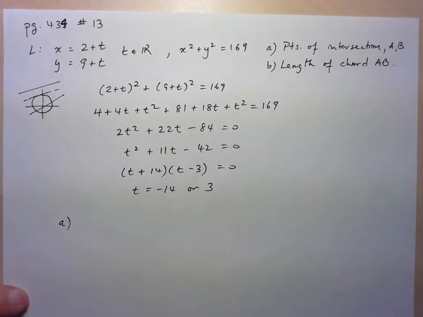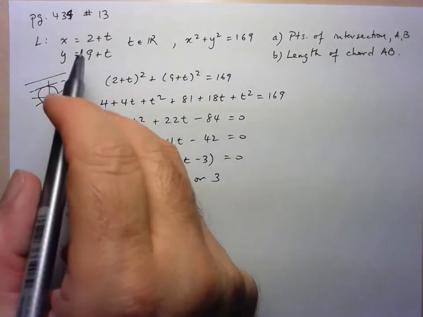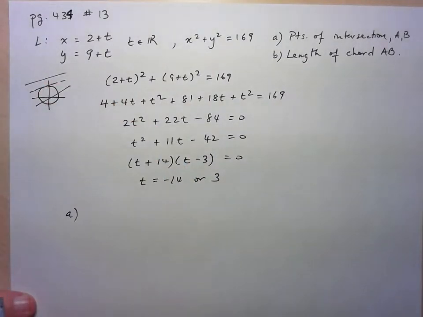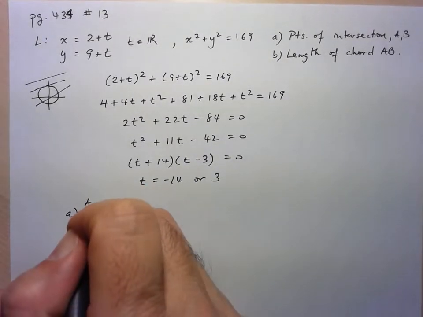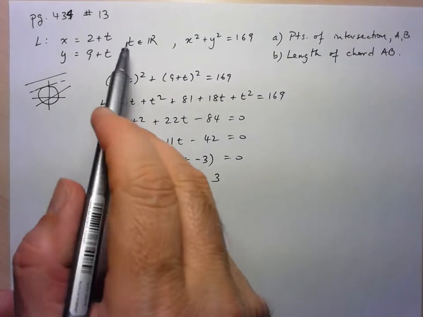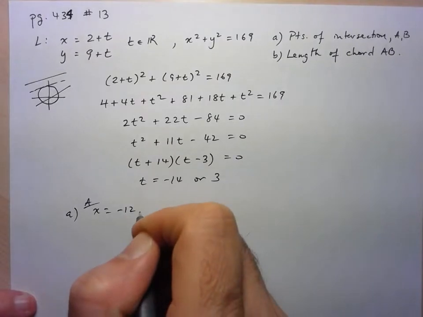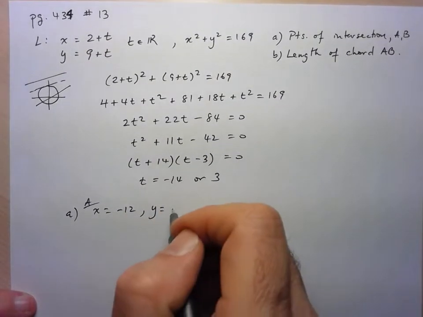Okay, so let's start by calculating those points. Since we have t values, let's input them into the line equation. We know we can input into either one. So here we'll call this A. x is equal to negative 14 plus 2 is negative 12, and y is equal to 9 minus 14 is negative 5.